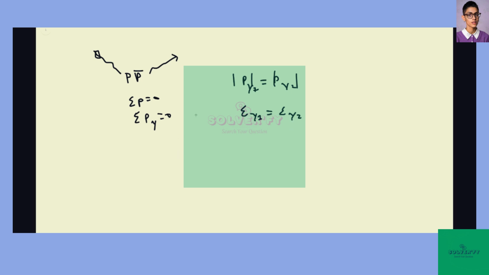So just for purposes of conservation of momentum and energy, these must equal the total energy of the combined rest mass of the proton and antiproton pair.